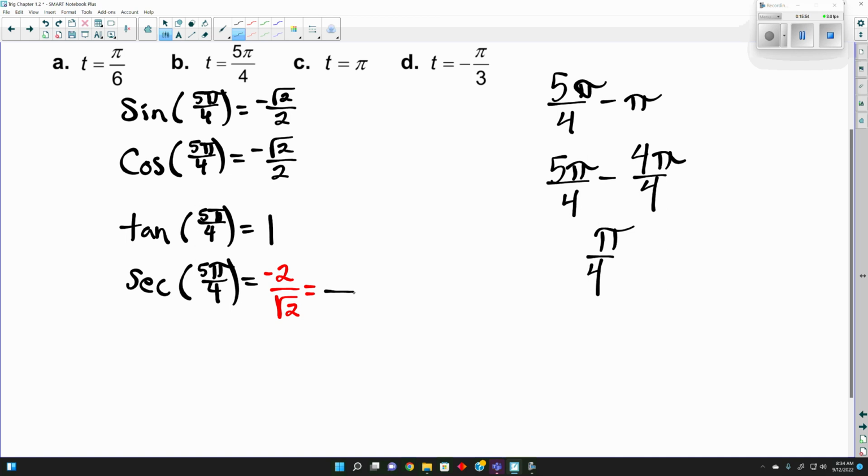Or the nice yellow calculators will do it also. And what this works out to be is just negative square root of 2. As if we rationalize it, we would have negative 2 times square root of 2 over 2. 2 over 2 would simplify.